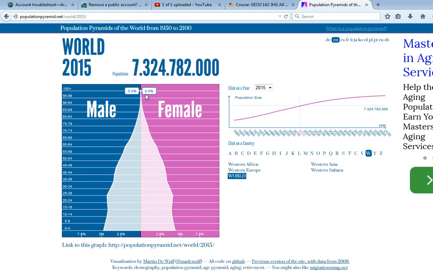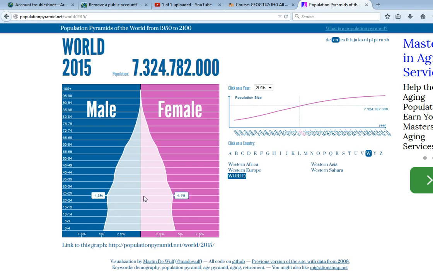Overall, about 1/10% of the population is in the age range of 90 to 94. In general, that's interesting. At 24 to 25, we have more males than females. 25 to 29, yeah, we've got more males than females. That's, of course, because naturally there are more males born than females.